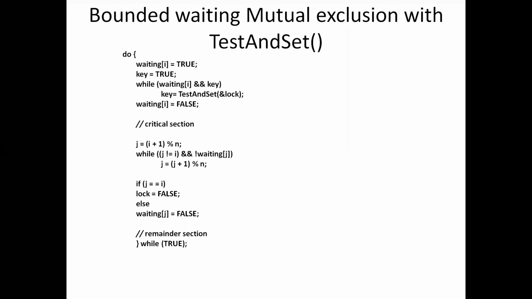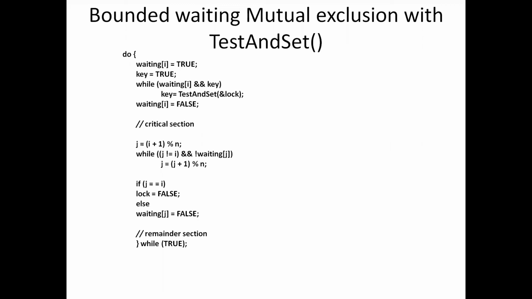In the while loop, we are updating the key value by calling the function called test and set. Okay, test and set instruction we are calling here, and we are passing the lock value. Initially the lock will be holding the value false.